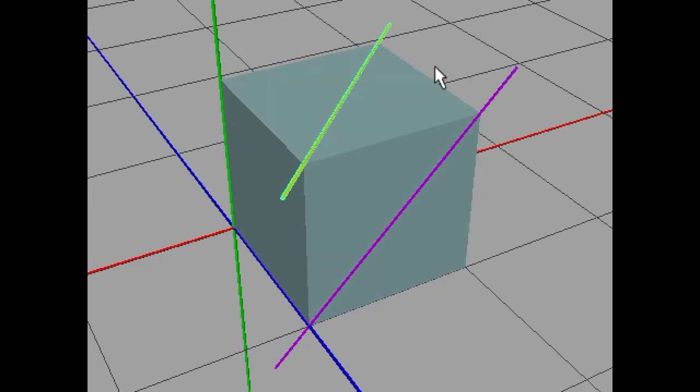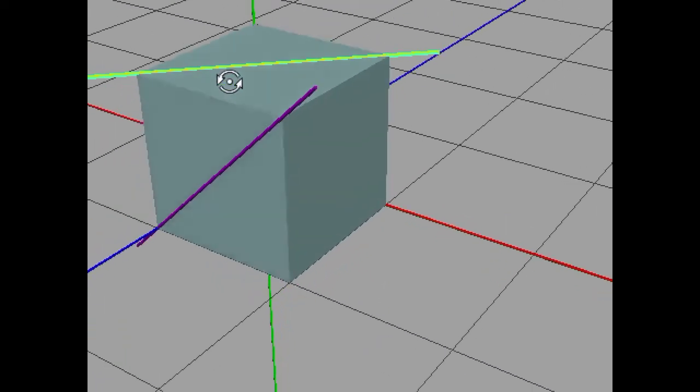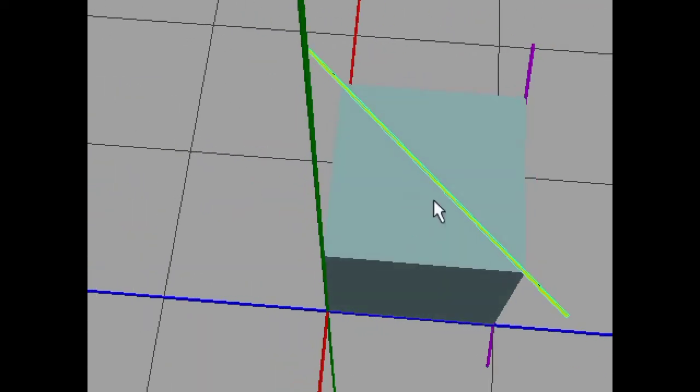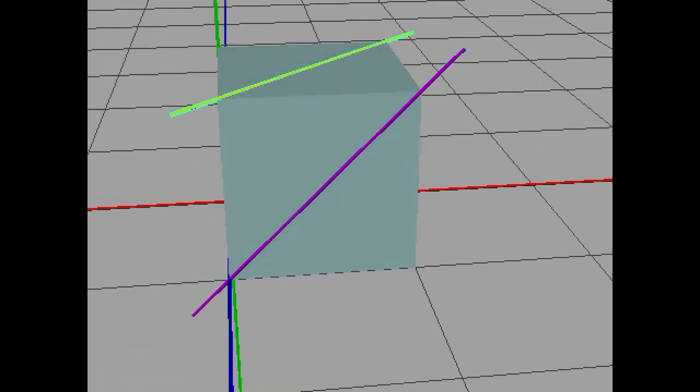Then this cube is in 3D. So let's see, if we take a line on the top face of this cube and another line on the side face.